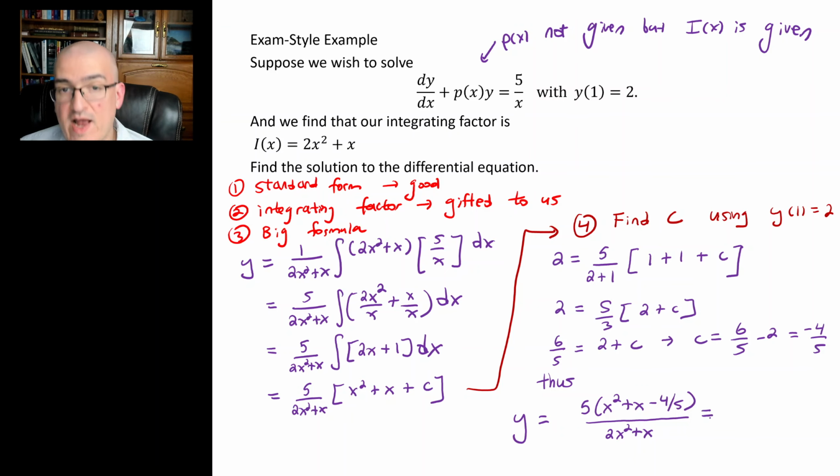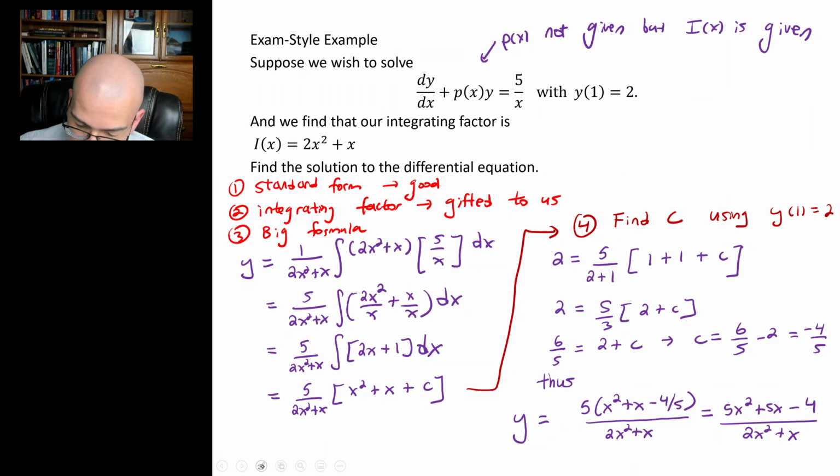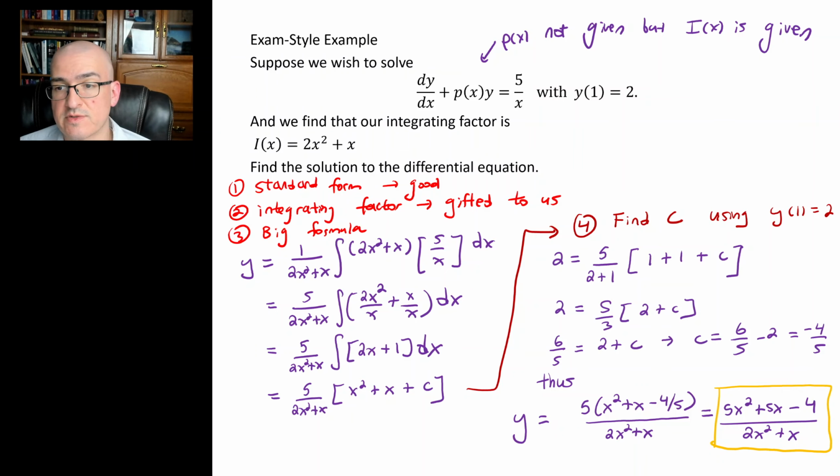I can multiply the 5 through the bracket, and I get 5x squared plus 5x minus 4 over 2x squared plus x. That's our solution. So a bit of work there with fractions, having to find the value of c.